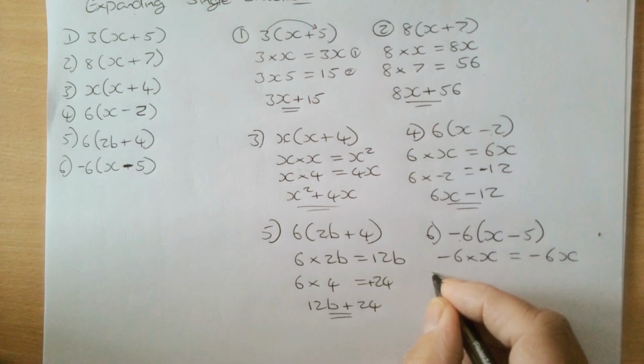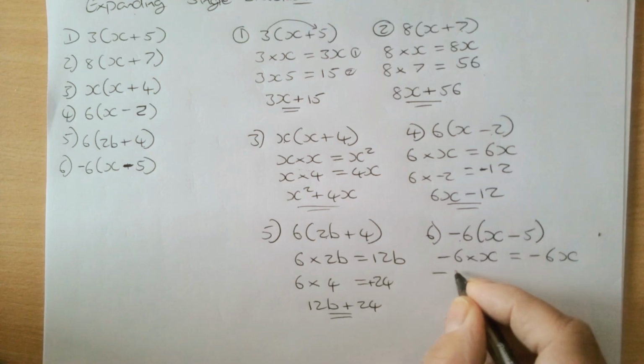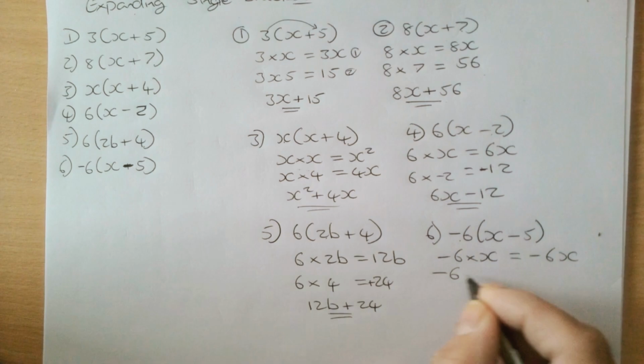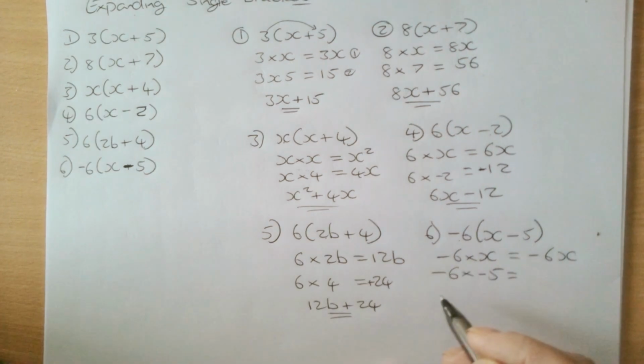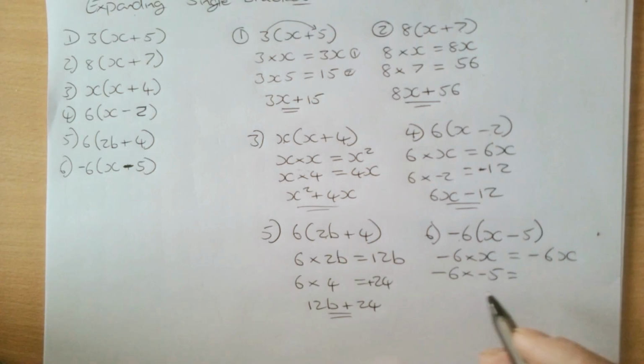So minus 6 times minus 5. This is a bit where people get confused. If you multiply a negative by a negative, you will get a positive. So 6 5s are 30, but the minus and the minus is a plus, so it's plus 30.